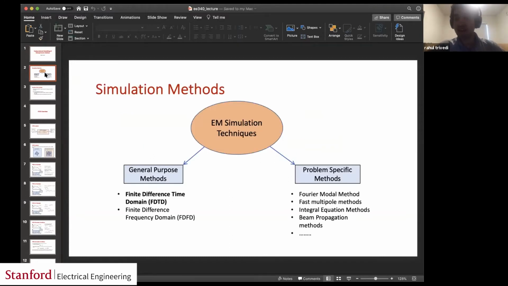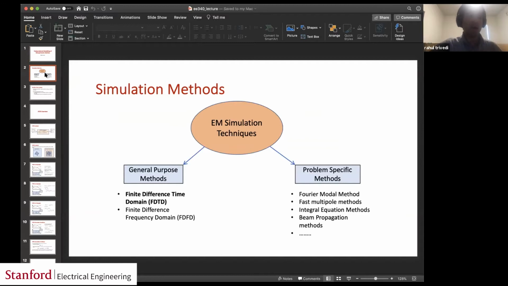So let me start by giving you a bigger picture view of different simulation techniques that exist in electromagnetics. As you know, when we are doing nanophotonics, we're essentially just doing an EM simulation. And EM simulation has been done in many fields other than nanophotonics.